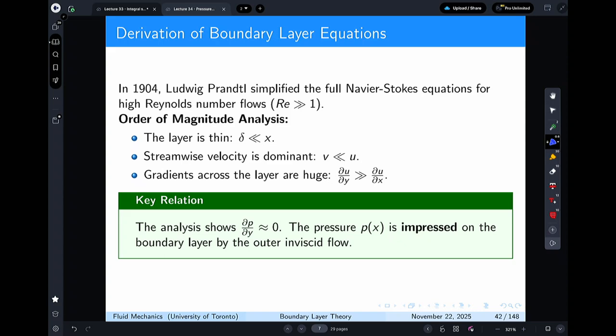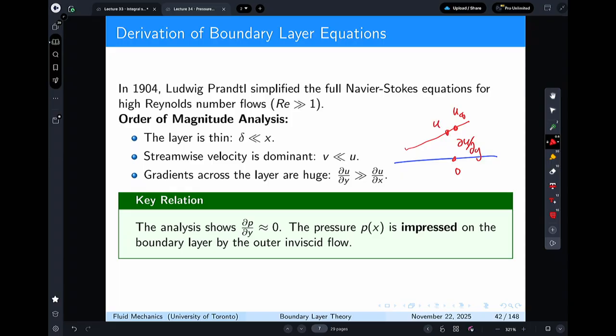And that one may be a little bit harder to see, but if I have a boundary layer, this is u infinity, this is 0, del u del y changes very quickly.